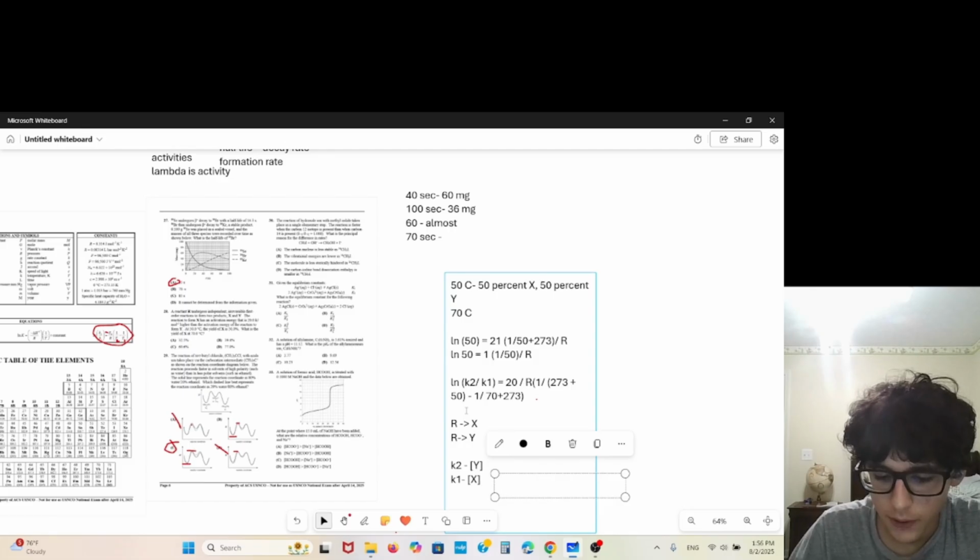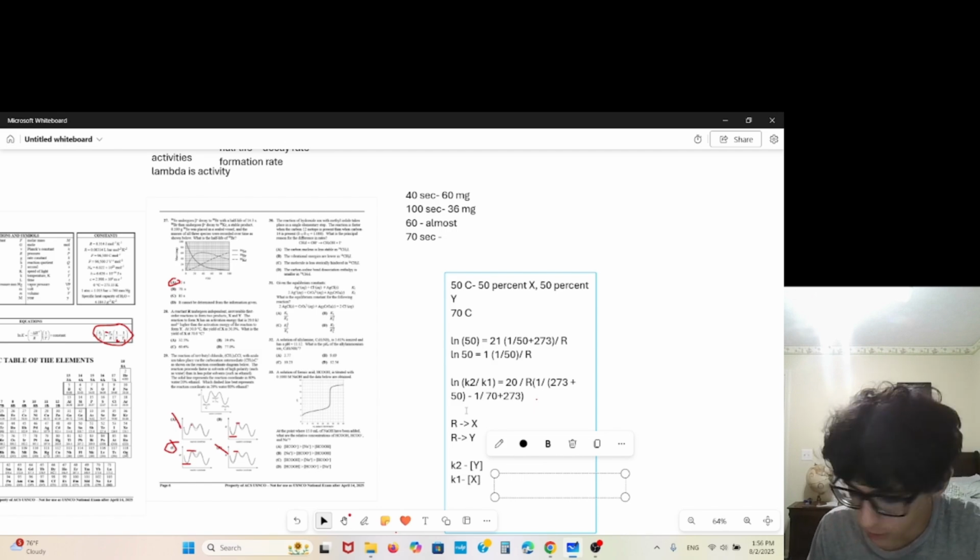I'm going to do the first one minus the second one, and multiply it by 20,000 and divide by 8.314. Now I'm going to raise e to the power of what we get. We get 1.54. So we have K2 to K1 equals 1.54. What does this tell us?